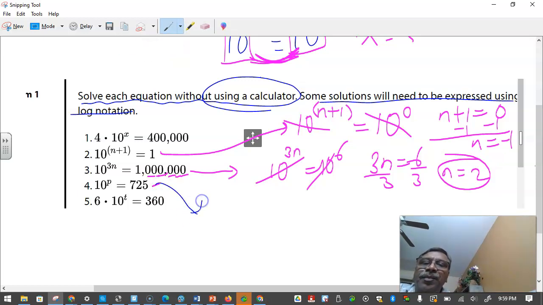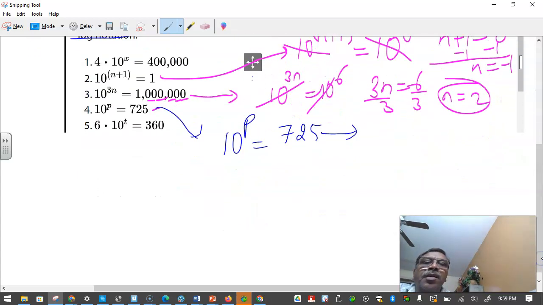Look at this question: 10 raised to p equals 725. Now we can't write this the way we did the earlier ones. So we'll change this from the exponential form and write it in the logarithm form.